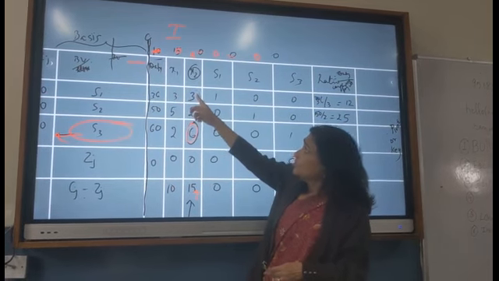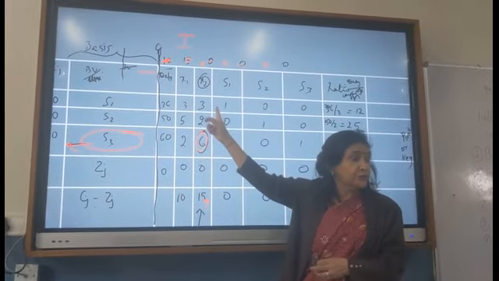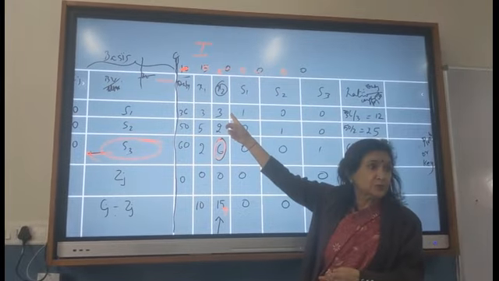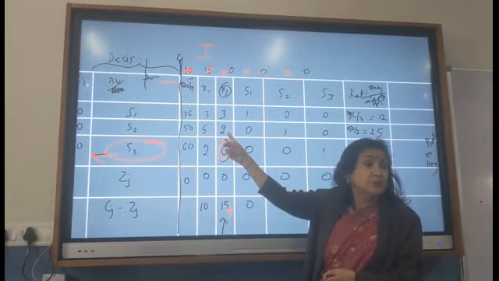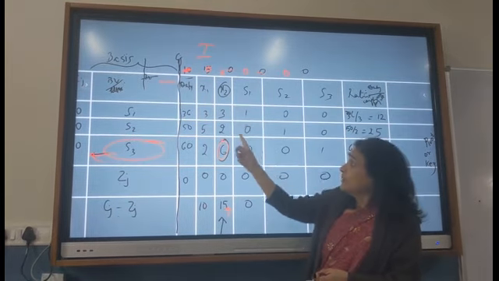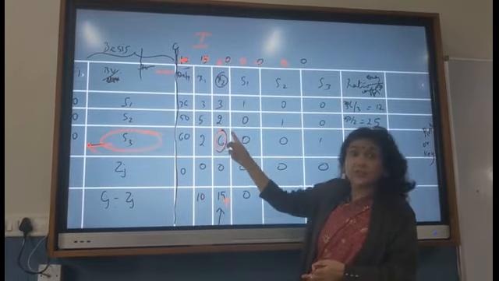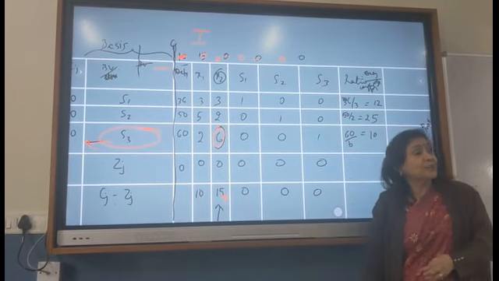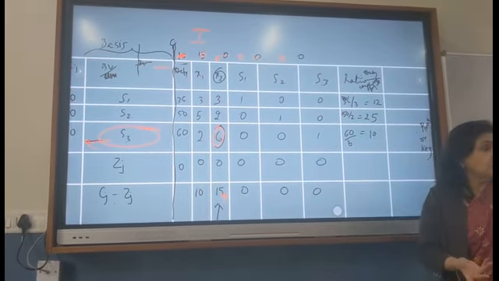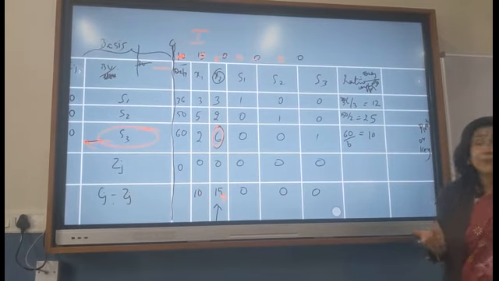To produce 1 unit of x2, we need 3 hours on machine A, 2 hours on machine B, and 6 hours on machine C. We need hours on all these machines, only then can we produce 1 unit of x2.